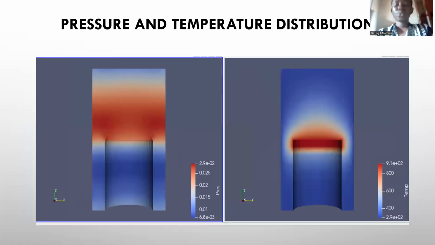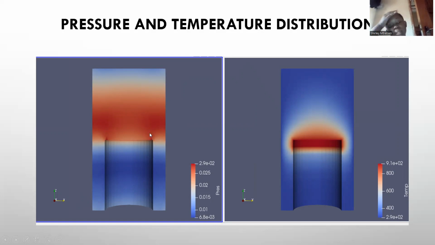And then when we move on to this, I'm comparing the pressure and temperature distribution in the cylindrical data of the material that we do have. So you can see here that pressure, like I explained earlier, is very high in the middle here, the distribution of it, as opposed to the extreme ends where it's low.